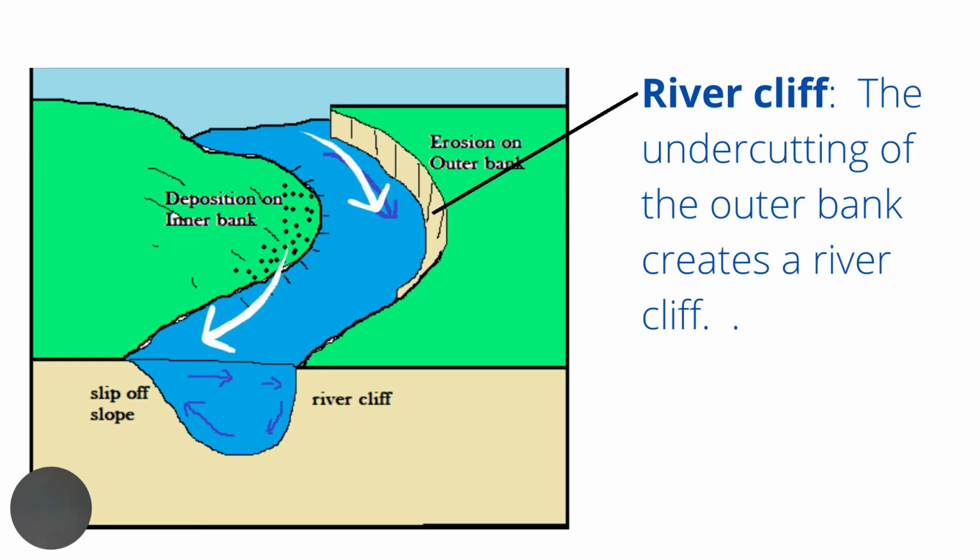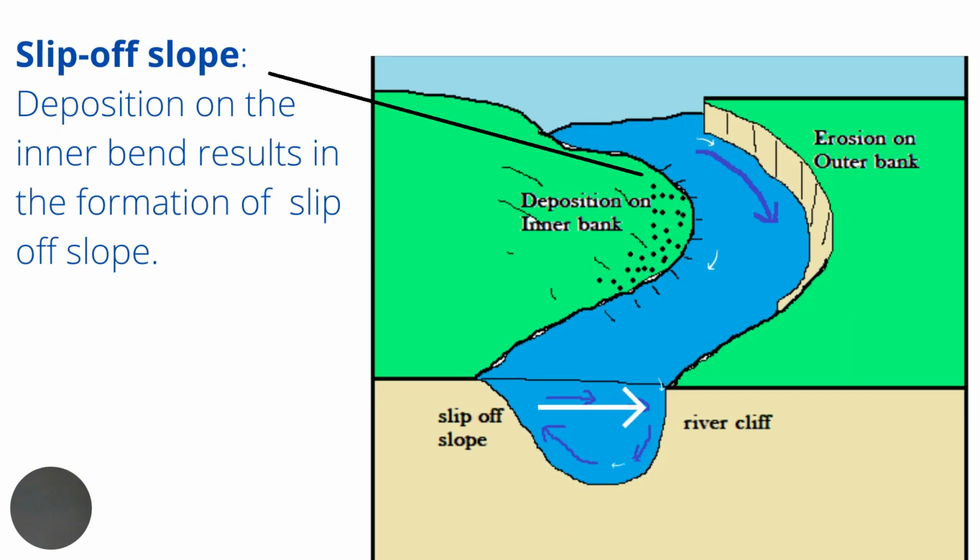Now, one feature that is formed within the channel is a river cliff. River cliff forms as a result of the undercutting that takes place on the outer bank of a meander.